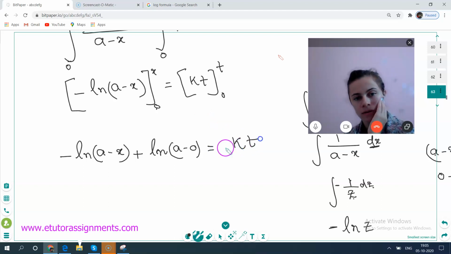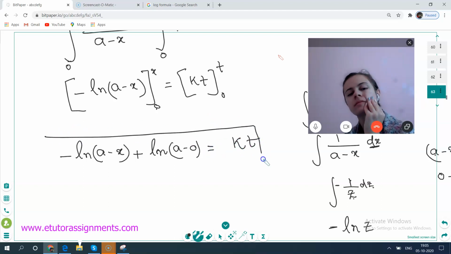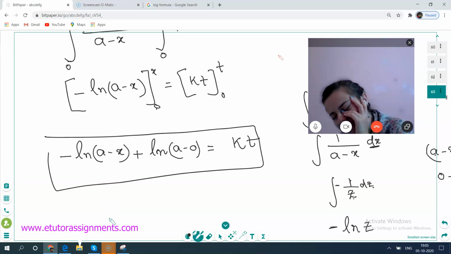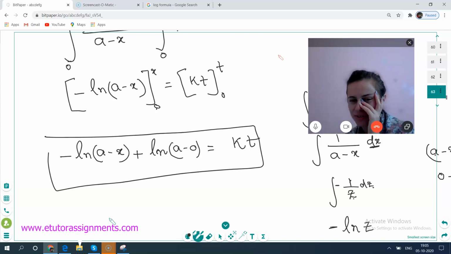What we are doing here is finding the value of k. k is the constant. What is the value of x? x after time t.